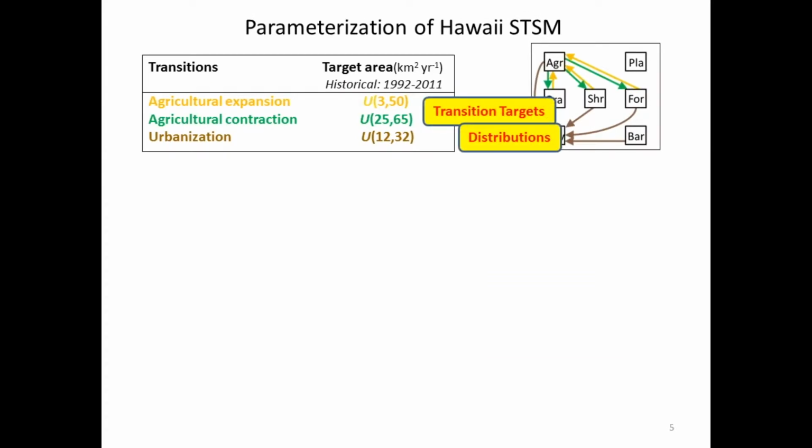So first, the transitions that were parameterized using targets. 2 of the features that we used were transition targets, and we also used the distribution feature that we talked about in the advanced course, where we set those targets and incorporated some uncertainty into our level of transitions over our simulation. We had very little data on it, so we sampled using a uniform distribution between the min and the max area that we observed transitioned over the historical period.